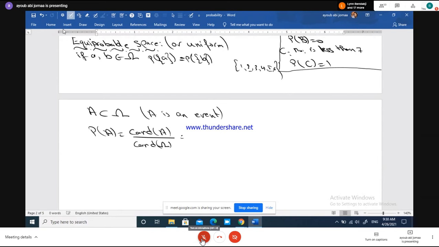That is, the number of favorable outcomes over the total number of outcomes.